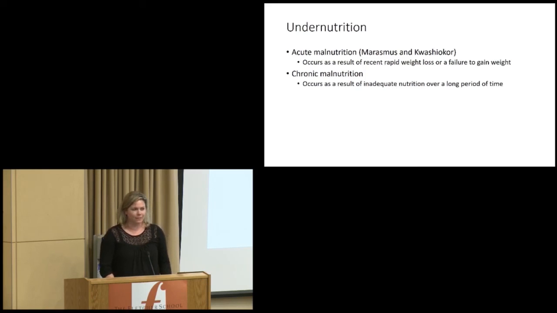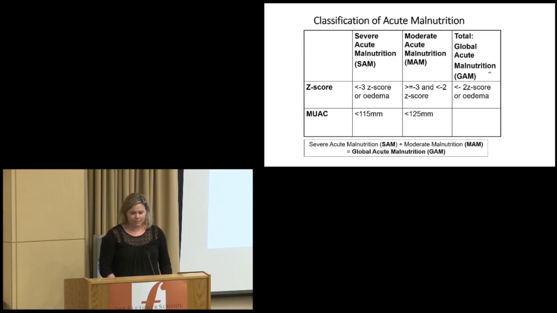We'll also touch a little bit on chronic malnutrition, but just keep in mind that that's often referred to as stunting, and that occurs as a result of inadequate nutrition over time. And in some of these contexts where we're talking about protracted long-term crises, we're also seeing the overlap between children who have both forms of malnutrition and sometimes multiple incidents of wasting when they're already chronically malnourished, which is problematic.